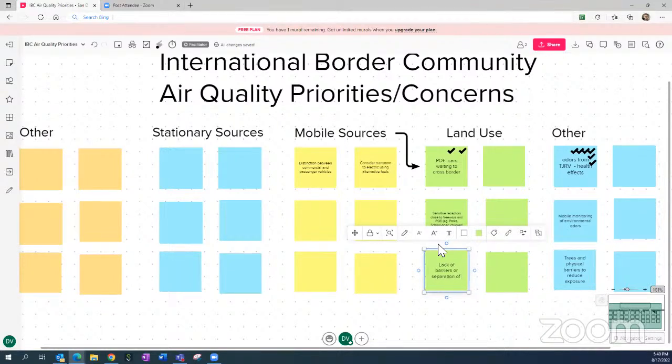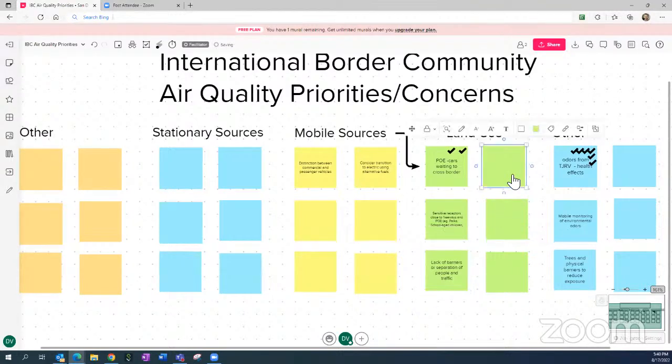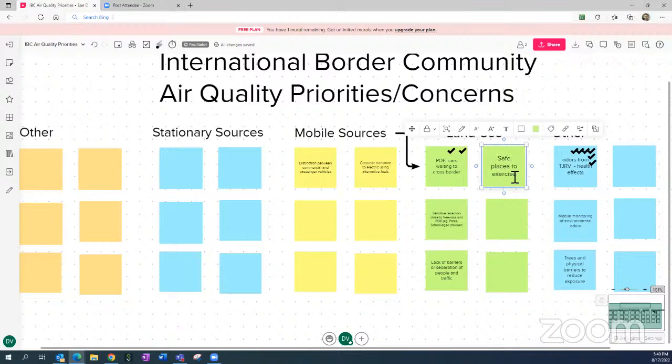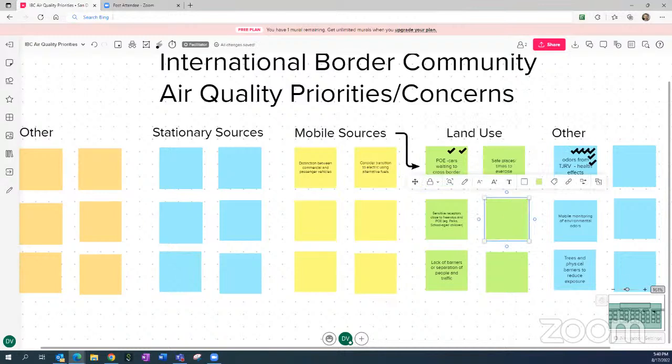And then another thing is identification of safer places to exercise or safer times, because again, of this proximity. So a need for safe places to exercise, or at least identification of safer places.